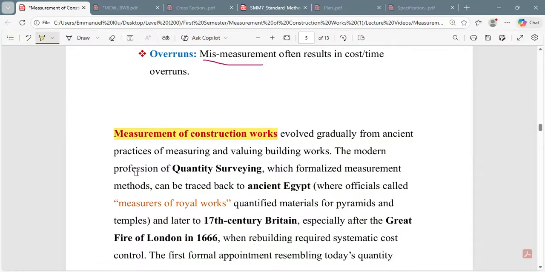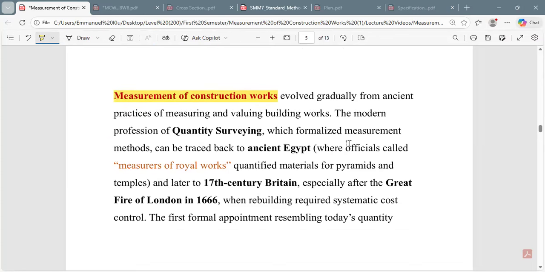The modern profession of quantity surveying, which formalized measurement method, can be traced back to ancient Egypt, where officials measured royal works, that is quantified material for pyramids and temples, and later to 17th century Britain, especially after the Great Fire of London in 1666, when rebuilding required systematic cost control.